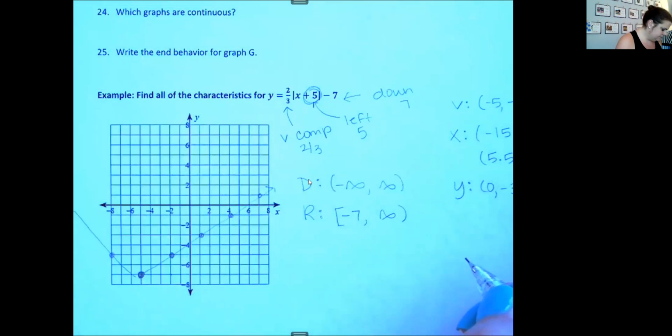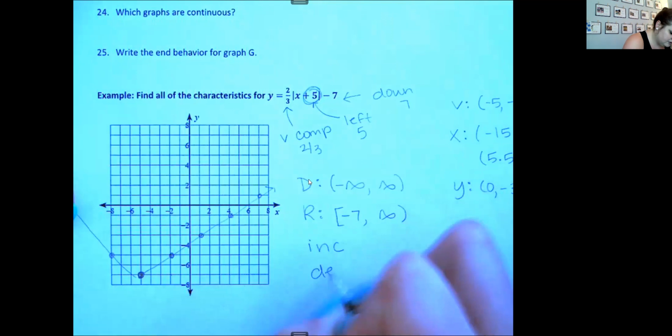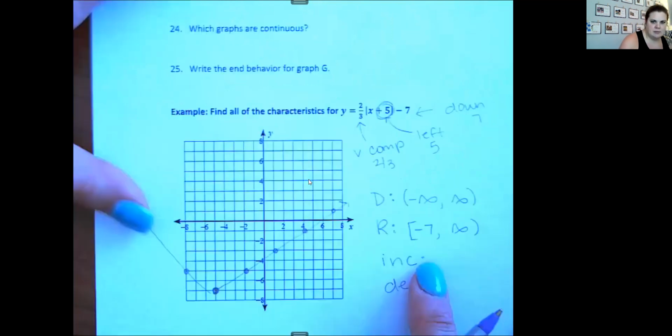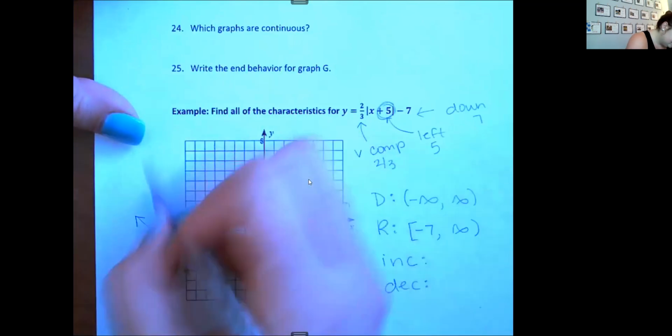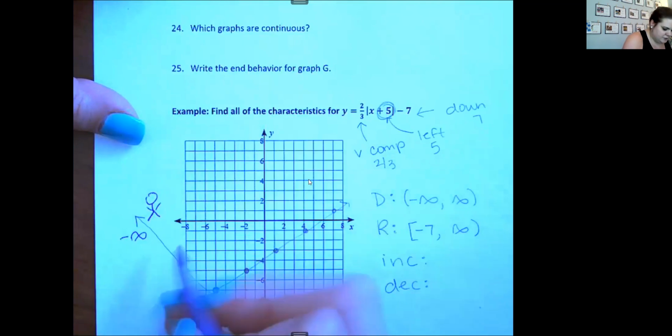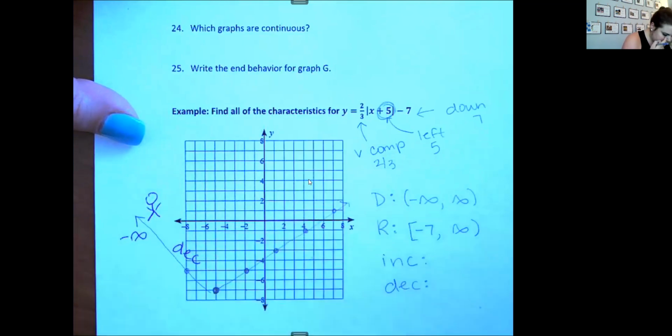I also want to find the increasing and decreasing intervals. So I'm going to go ahead and draw my stick figure. He's starting right here at -infinity, and he's walking downhill to start with to an x-coordinate of -5.